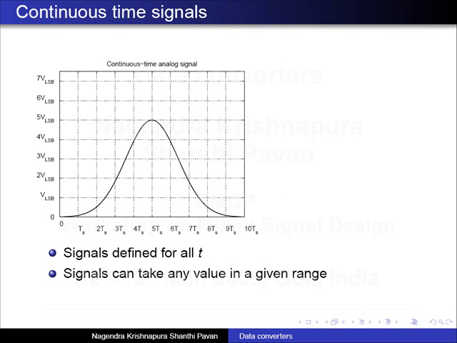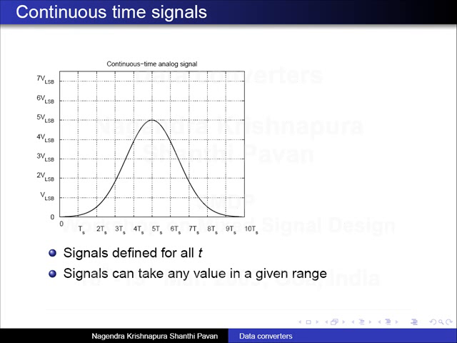So this slide shows a generic continuous time signal. The x-axis is time. I've just marked some intervals Ts, 2Ts and so on. That's just graduation marks on the time axis. And as you can see, it is defined for all values of time. And also along the y-axis, any value is possible.